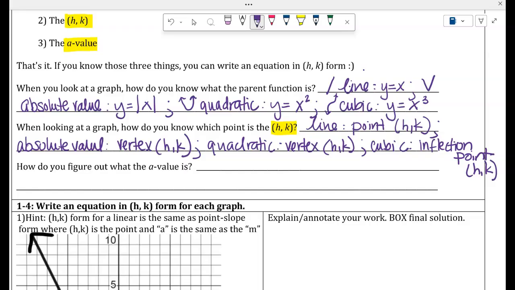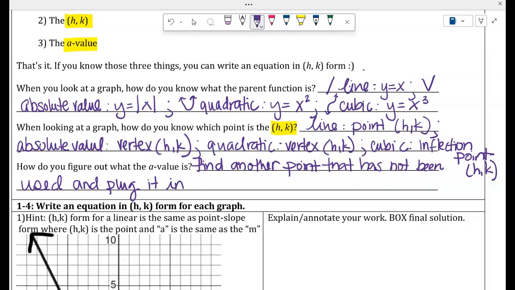So find another point that has not been used, plug it in, and solve for the A value.